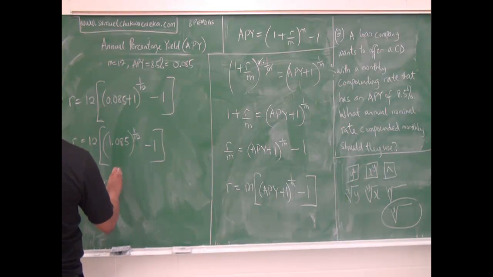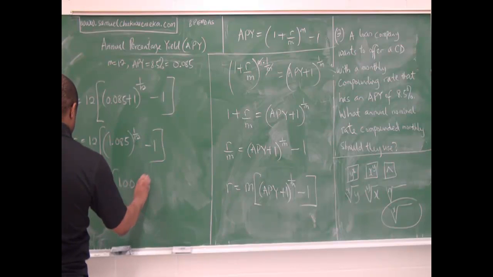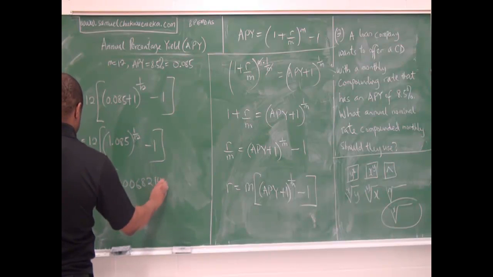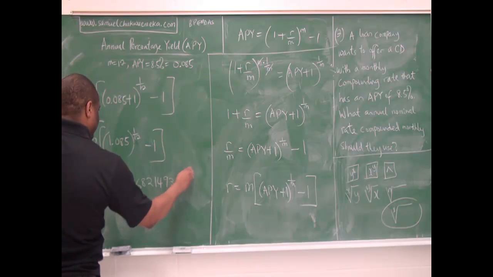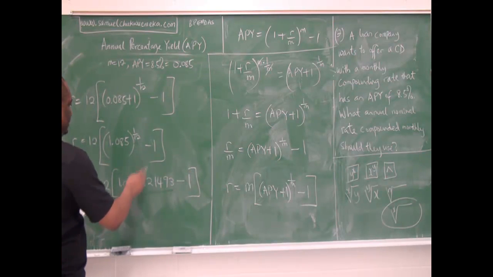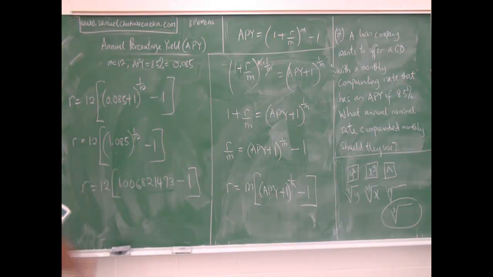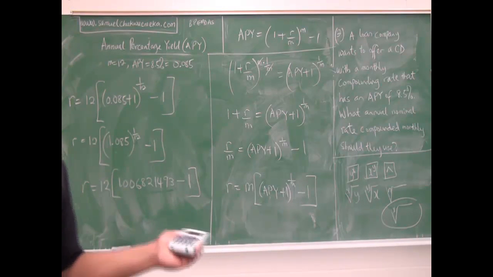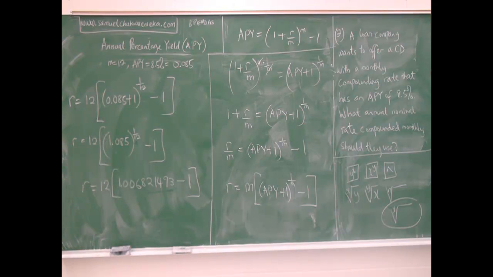So 12 times 1.006821493 minus 1. So this tells you that if you multiply this 12 times, it will give you this. That's just what it means. If you multiply it 12 times, it will give you that 1.085. That's what it means. Then you do minus 1. Okay?